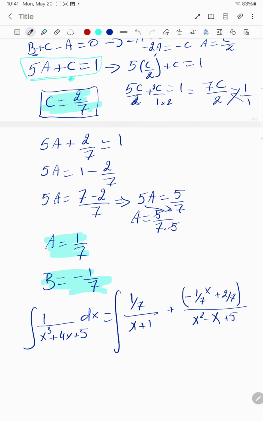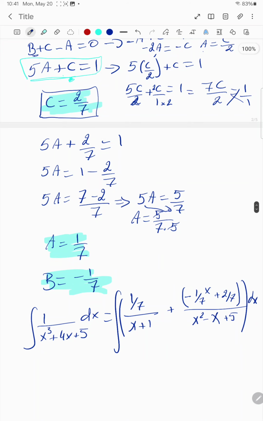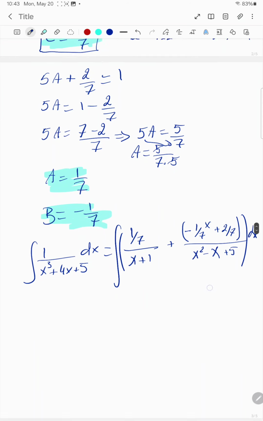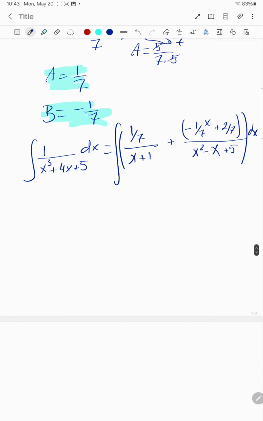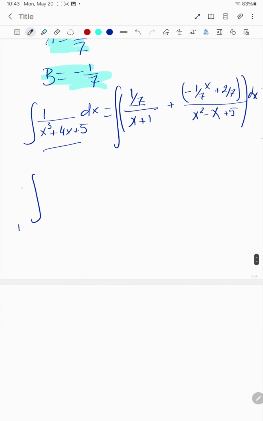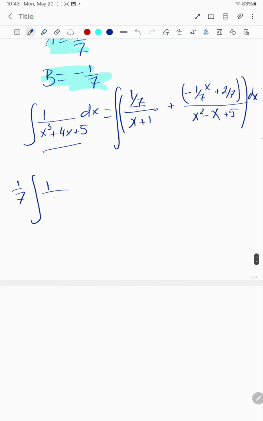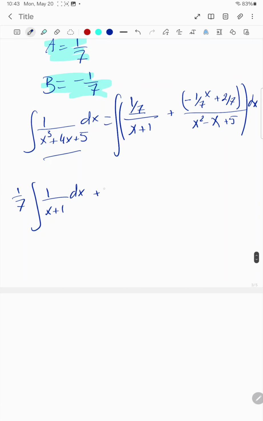So I can put the integral here and multiply all that by dx. So now I can split my integral into two integrals. So that integral here would be equal, I can put the 1 over 7 outside. 1 over 7. And I will have 1 divided by x plus 1 dx plus, and here I can put minus 1 over 7 outside.